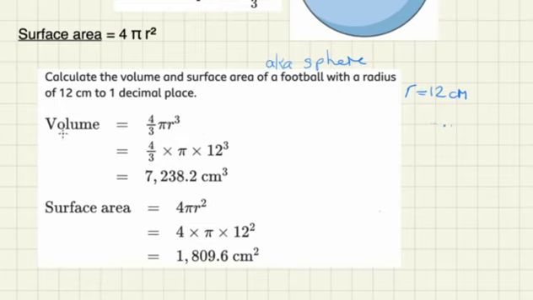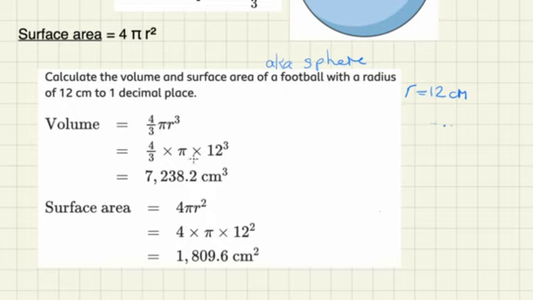So let's work out the volume. This is really good. You put down the formula first, as I always say. So the volume of a sphere is 4 over 3 pi r cubed. And wherever you see nothing in between these letters, it means it's multiplication.